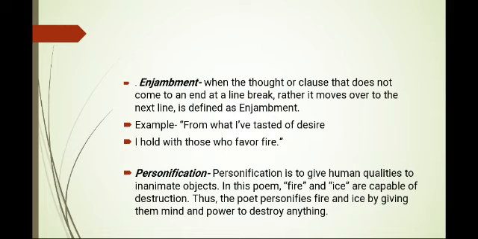When the thought or clause does not come to an end at a line break, rather it moves over to the next line, it is defined as enjambment. Example of enjambment in the poem is, from what I have tasted of desire, I hold with those who favor fire. It means the same idea is carried on to the next line where a full stop is used, you can see.